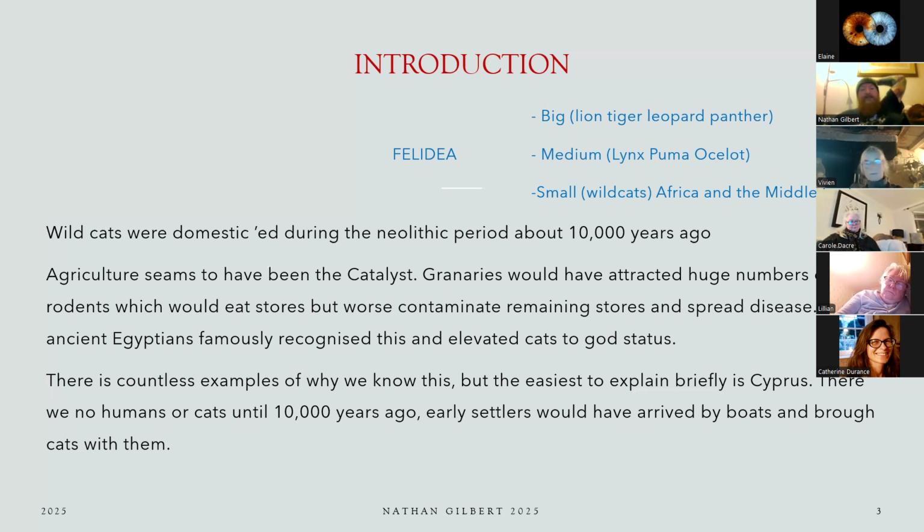And this is really well demonstrated in lots of archaeology findings throughout the fossil record, that at the birth of agriculture, we suddenly start to find cats living with us and amongst us. And one of the easiest ways to explain that is until 10,000 years ago, there were no people on the island of Cyprus, and there were no cats either. There were all manner of other creatures and birds, but no cats and no humans.